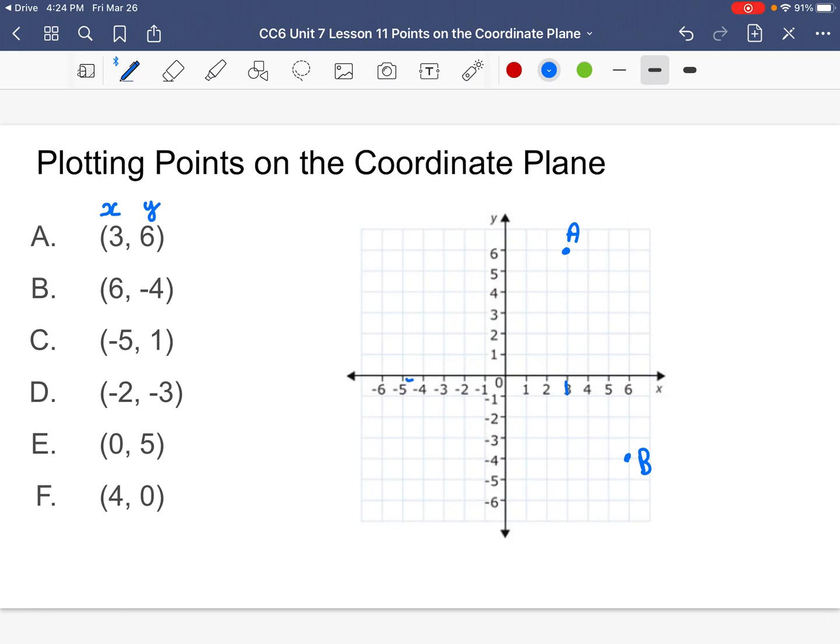C, -5 on the x-axis, 1 on the y-axis. D, -2, -3. E, 0 on the x-axis and up to 5 on the y-axis. And F, 4 on the x-axis and 0 on the y-axis.